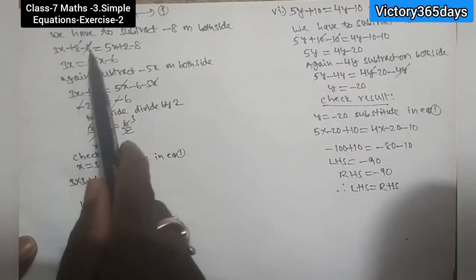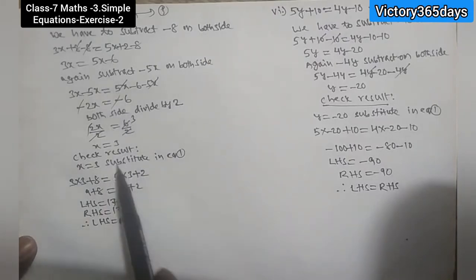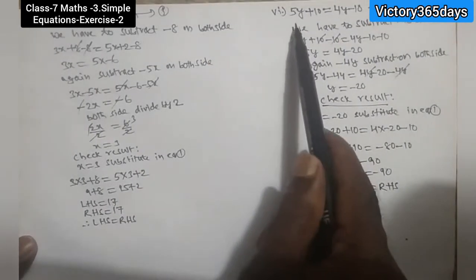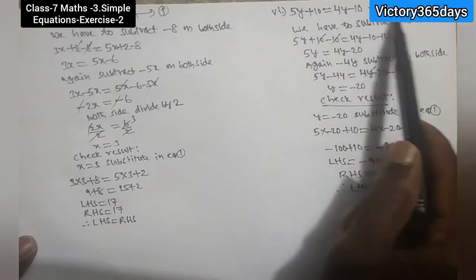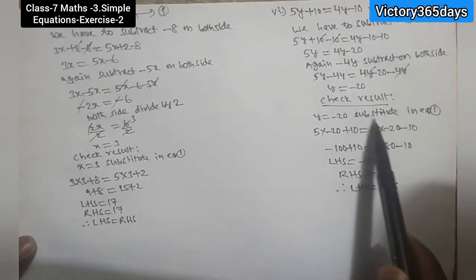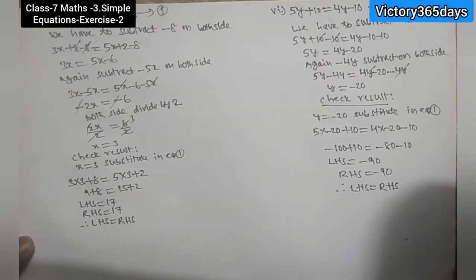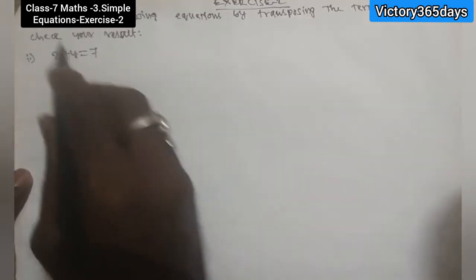So plus 8 minus 8 cancel. We are getting like this. Next one, the sixth sum you can also do with the same process. That's enough. We can go to exercise 2, second Roman.